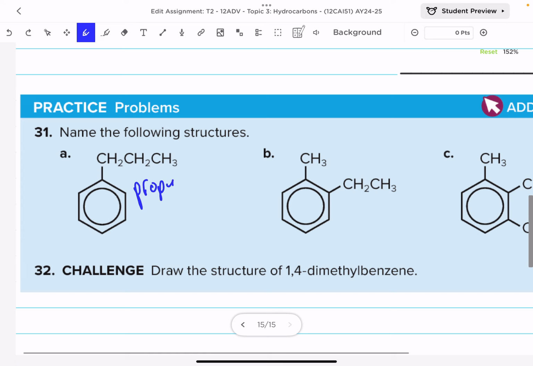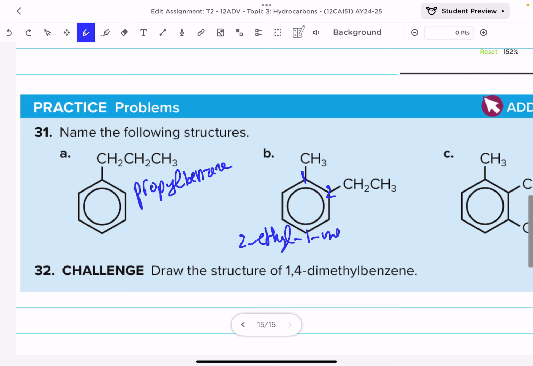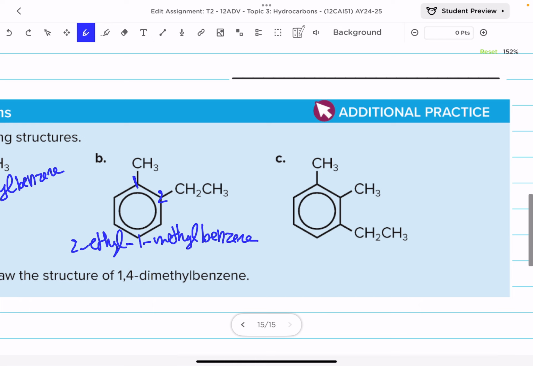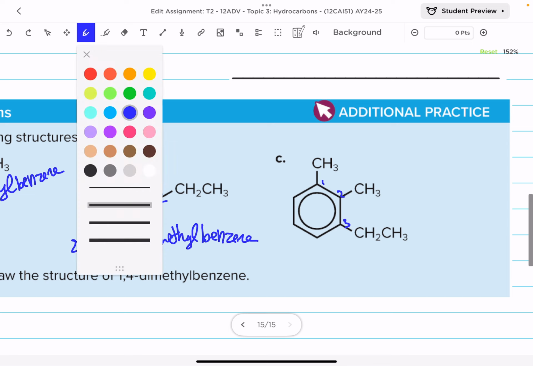Again, this is propyl benzene. No need to give it a number since I have 1 branch. Here I have 2 ethyl and 1 methyl benzene. Over here I have 1, 2, 3. That gives 1 and 2 the methyl and 3 the ethyl.